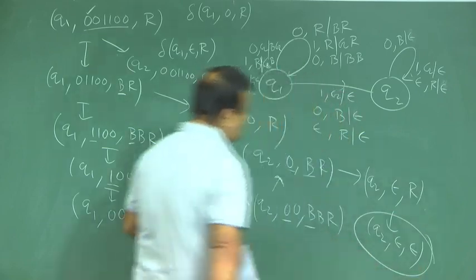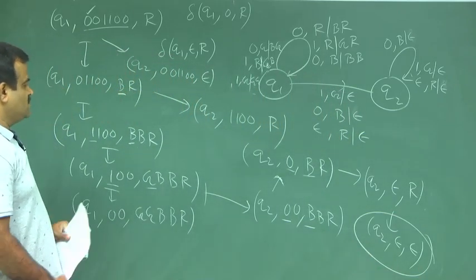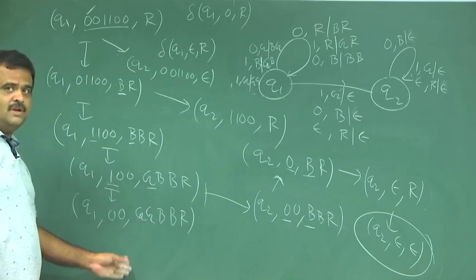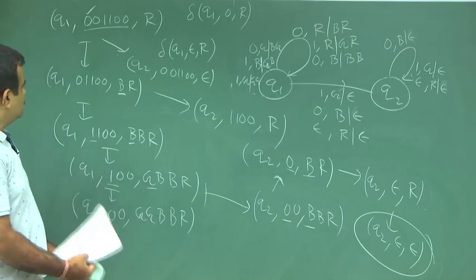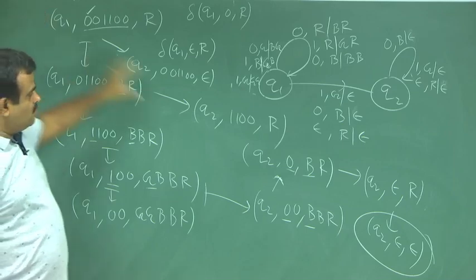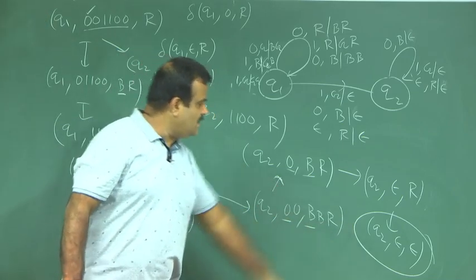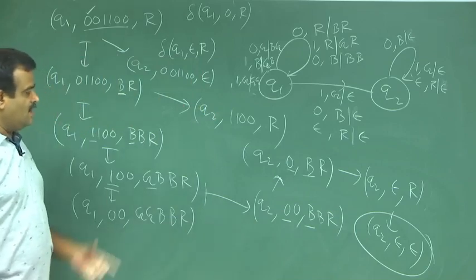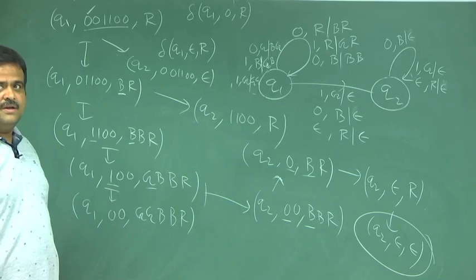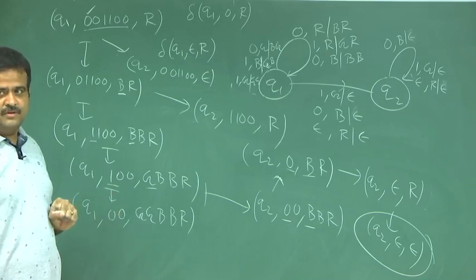Good. So, this branch is going to empty stack. Even with this, if you work a little more step also here, it is going to empty stack. So, finally, from the starting initial ID, we could reach this ID, which has the situation where the input string is empty and the stack is also empty.